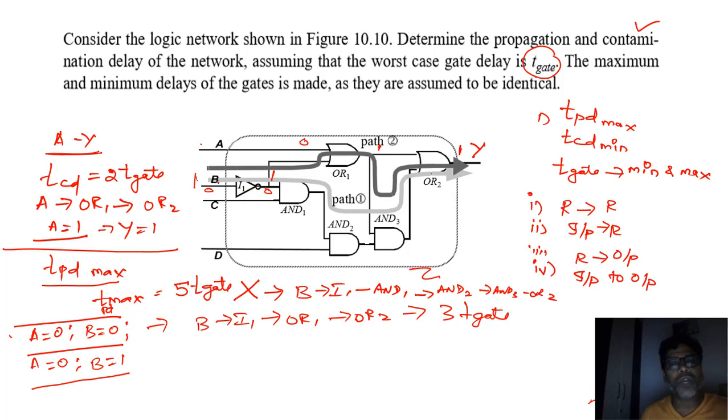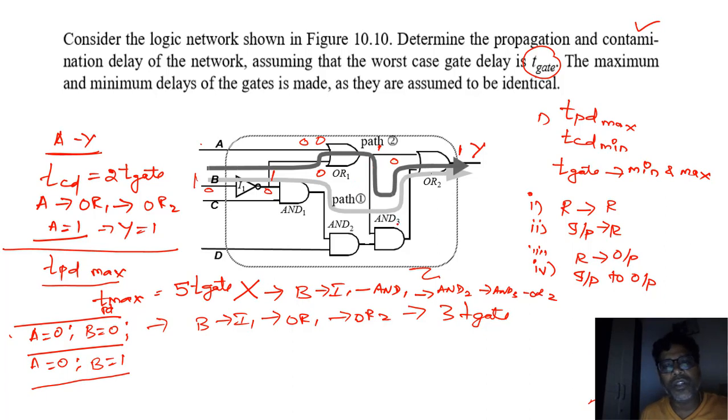If this becomes 1, after an inverter it becomes 0. If this becomes 0, then A is also 0. Both are 0.